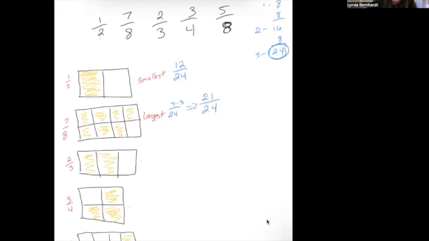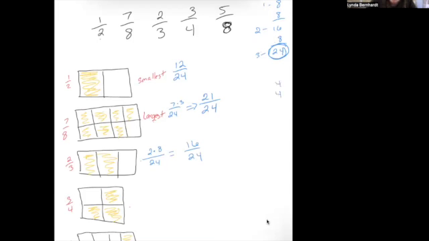I'm going to do the same thing here. If 8 goes into 24 3 times, then we know 3 goes into 24 8 times, right? So we are going to do 2 times 8 over 24, and that would be 16 over 24. And then 4 goes into 24. Well, let's see.